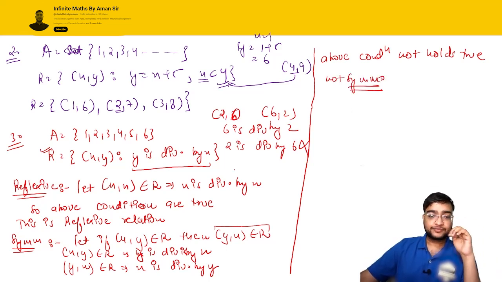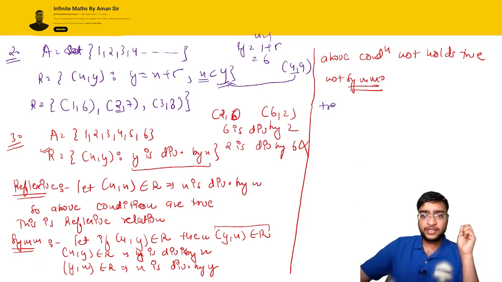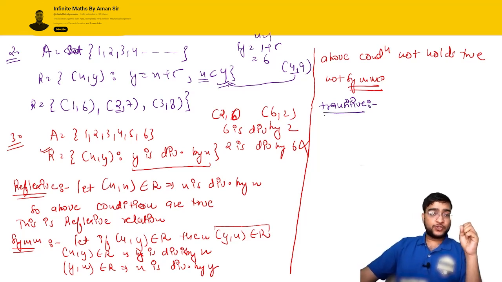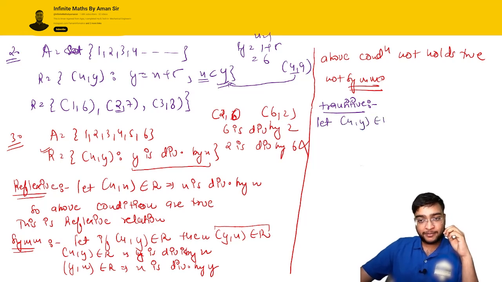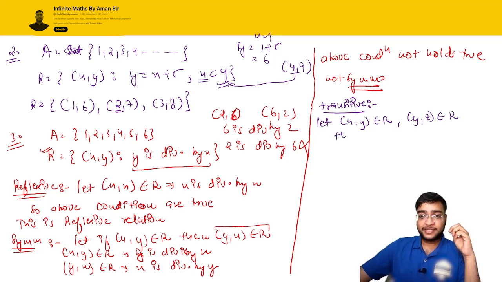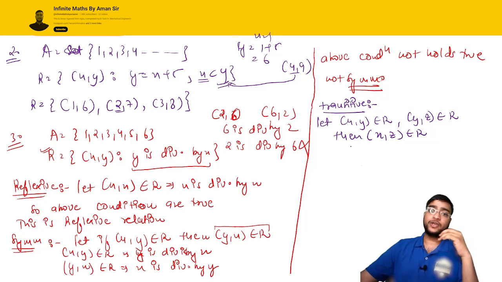Let's take the other one, the transitive one. Let the condition be: if x comma y is in my relation and y comma z is also in my relation, then x comma z must also be in my relation.